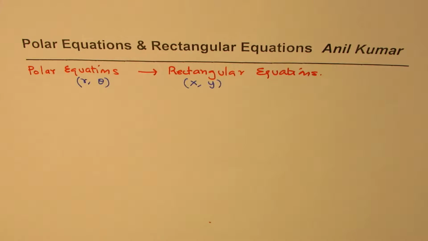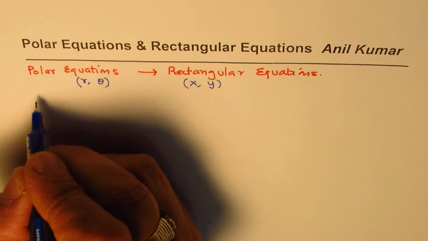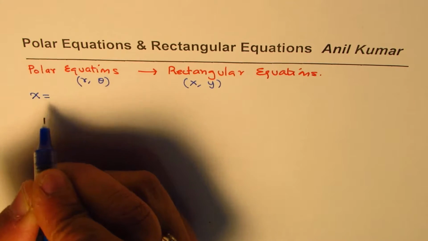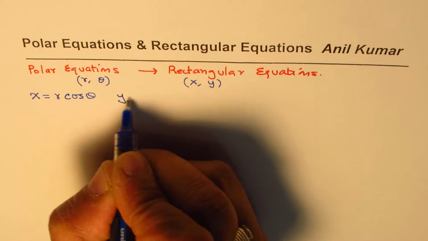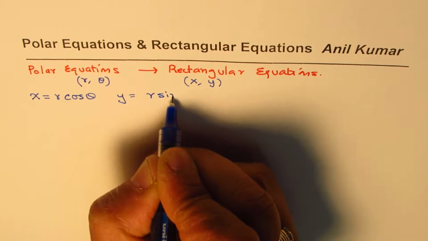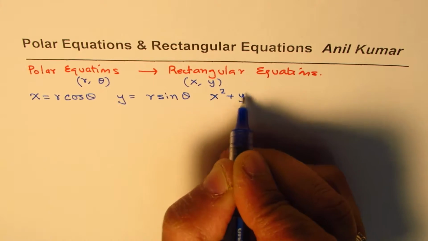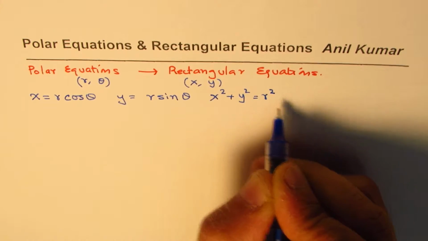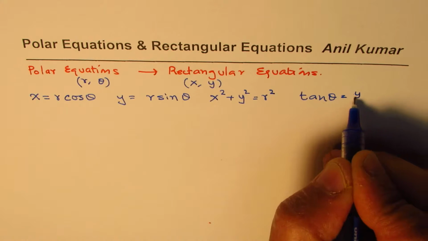A few key things which we are going to use for this type of translation should be listed before we get into details. We can always write a point x as r cos theta, y as r sin theta. We could say x squared plus y squared equals r squared, and we can say tan theta is the ratio of y over x.